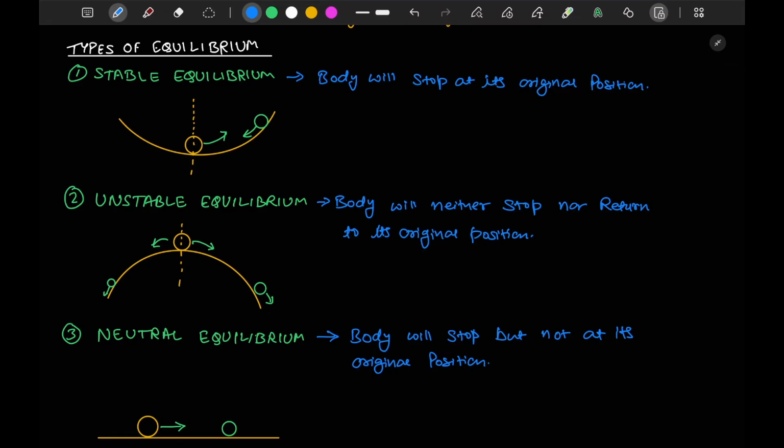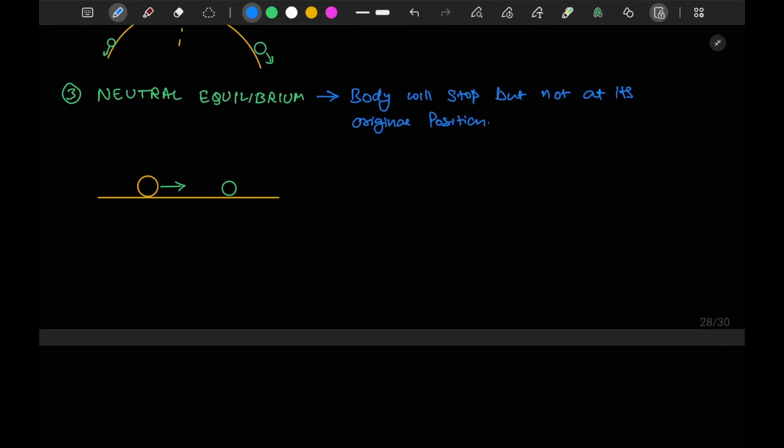Now these three types of equilibrium are there. Now we will talk about the stability of submerged and floating bodies.